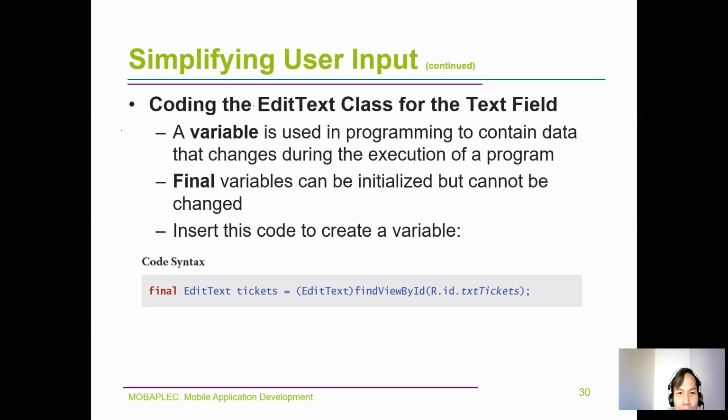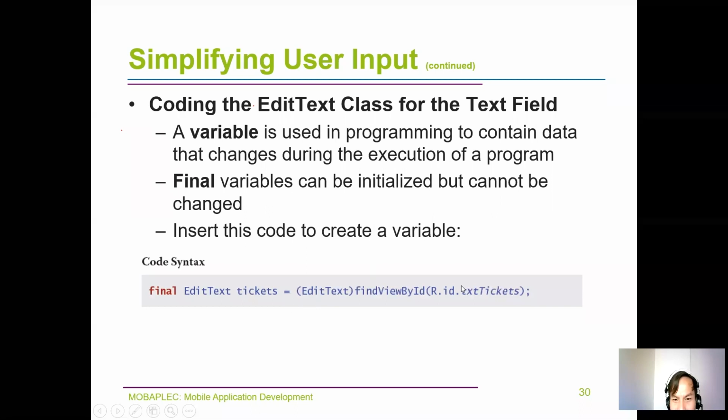In our case, the code syntax is final for the constant. Then EditText is the type of our text field, and tickets is our variable. You need to declare the EditText, followed by findViewById. The ID means the name of the ID, followed by open and close parentheses. R means the resources where the IDs are defined, and the name of the text is text tickets. Clear?